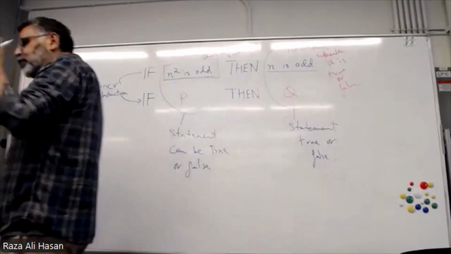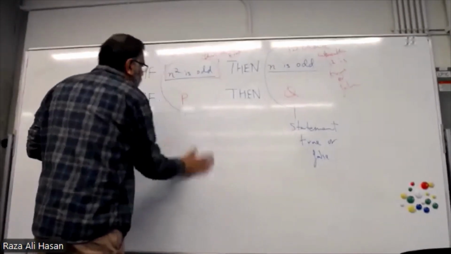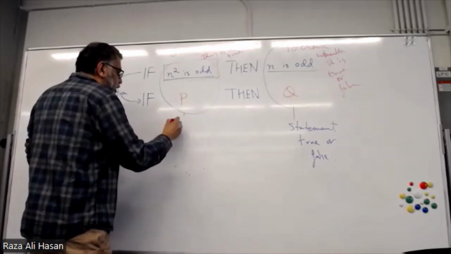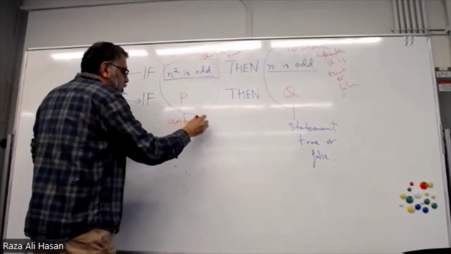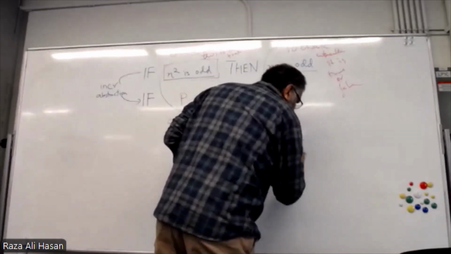Okay, so if you're given an implication, this is called the antecedent, and this is called the consequent.